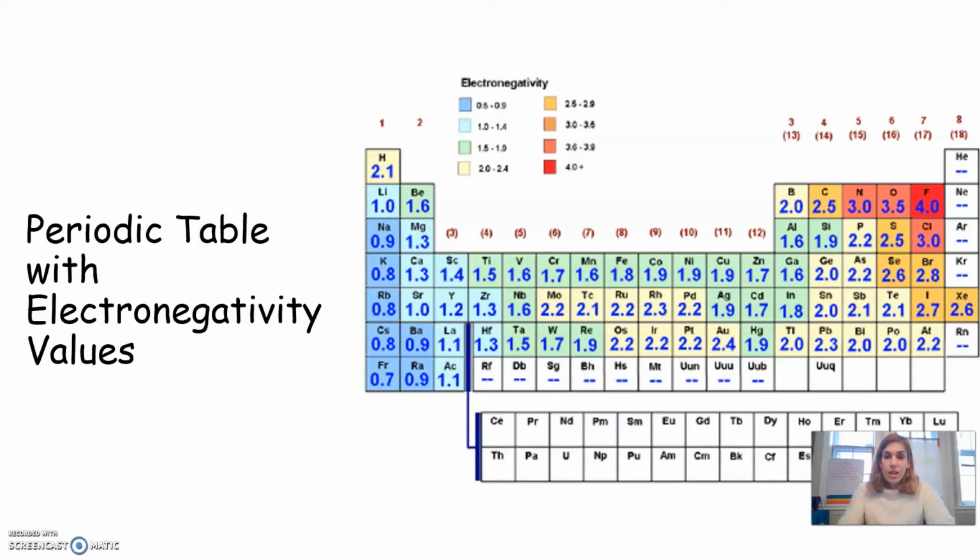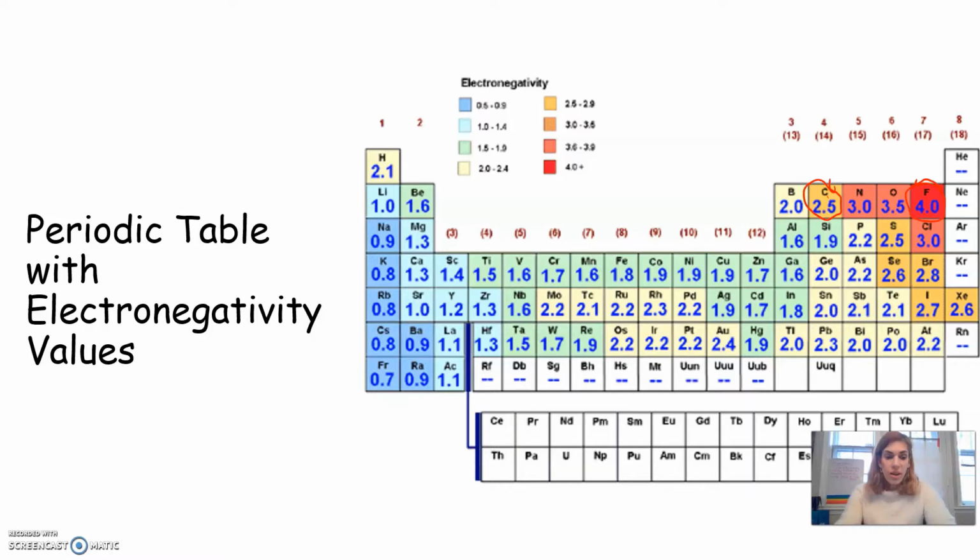For instance, if you were trying to find the difference between, let's say, carbon and fluorine, then you can do 4.0 minus 2.5 because fluorine over here is 4.0 and carbon is 2.5. So if you found the difference between them, which is 1.5, you can figure out what type of bond it is. For instance, anything between 0.5 and 1.6 is considered to be a polar bond.